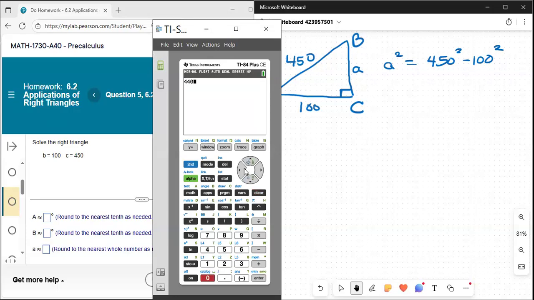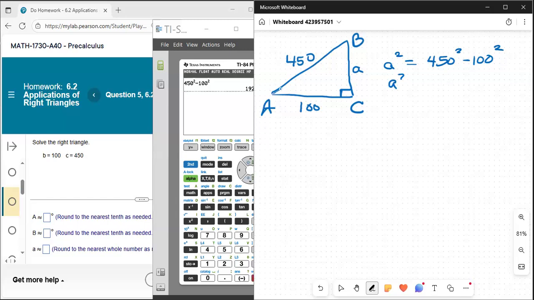450 squared minus 100 squared is 192,500. We take the square root of that.